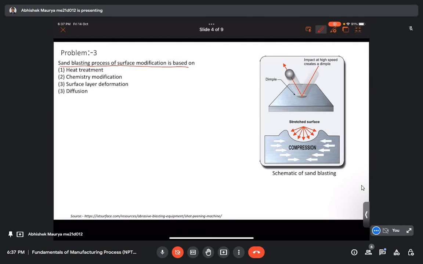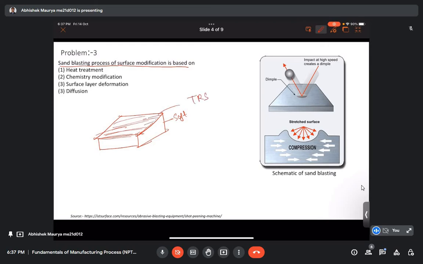So what we do, suppose we have a component like this, and suppose this component is very soft, and on the surface it will have some tensile residual stress.